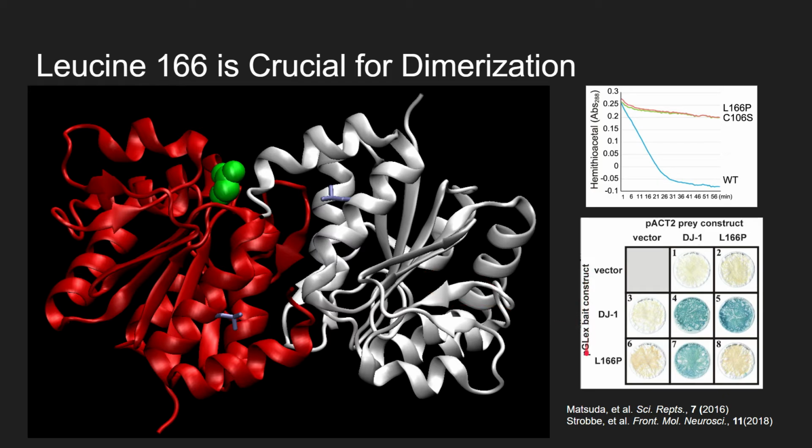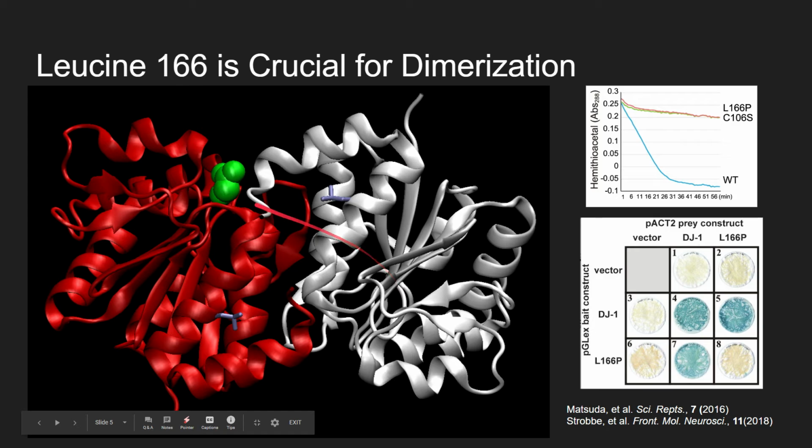I found this interesting experiment over here. This is a yeast-2 hybrid experiment, so just looking at which subunits are binding to each other. So here's wild-type DJ1 binding to wild-type DJ1. And then here's the mutated form, it will not form a homodimer.